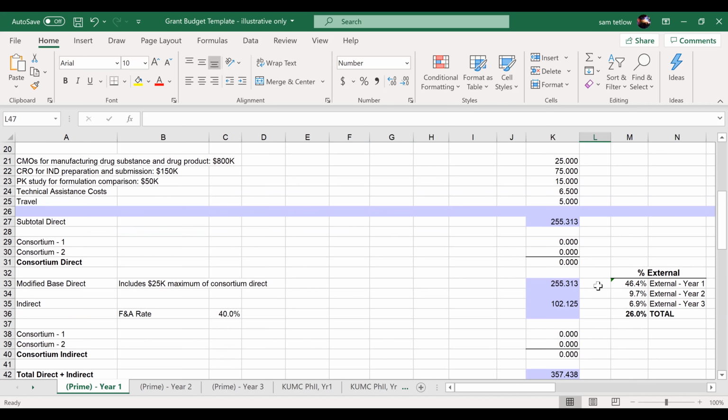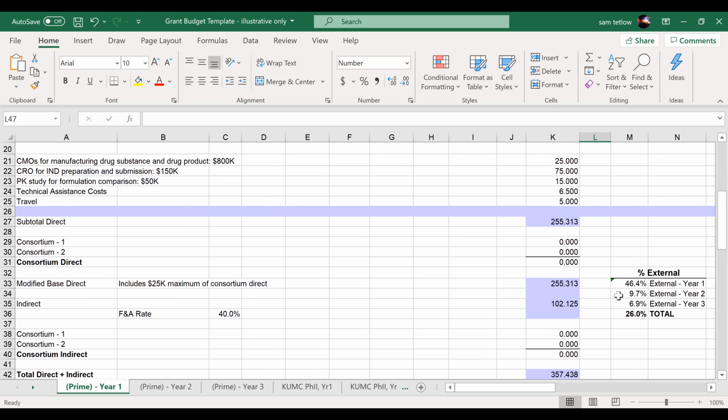One other pro tip here is that for an SBIR, you need to keep the total expense that goes outside the company for external parties to not more than 49%.